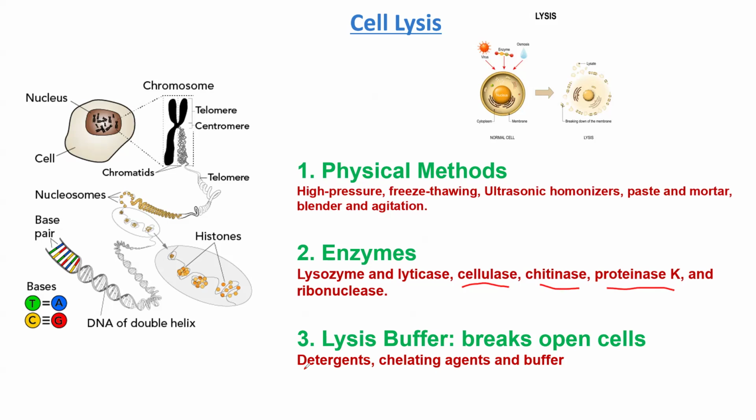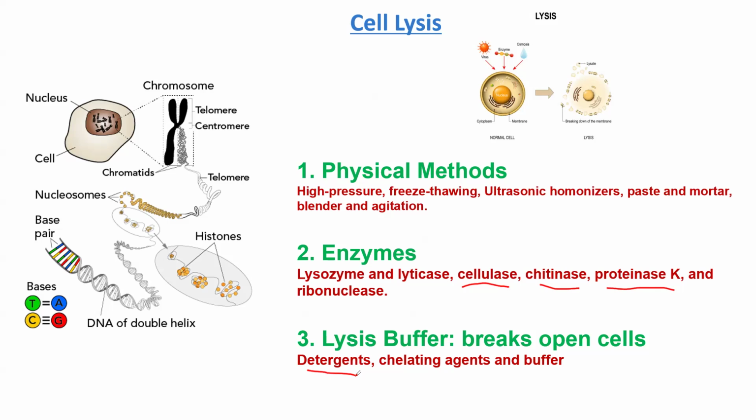The major detergents used in breaking down the cell for DNA isolation are, number one, SDS, which is sodium dodecyl sulfate, or you can use CTAB, which is cetyl trimethyl ammonium bromide. These are some of the detergents that are usually used to break down the cell.